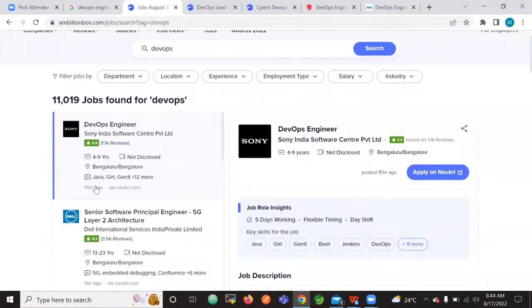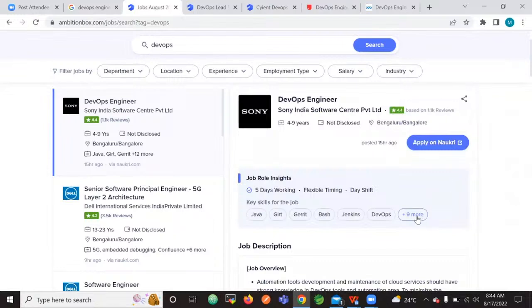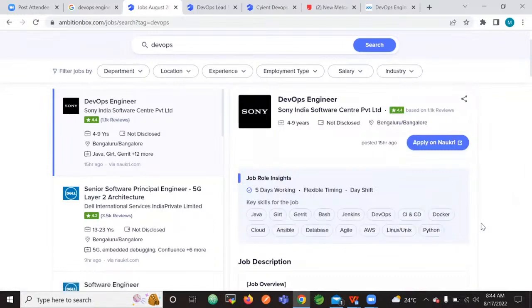15 hours ago, DevOps engineer, Sony India Software Center Private Limited, Bangalore location. They published the job for a candidate with 4 to 9 years of experience. What skill set are they asking for?